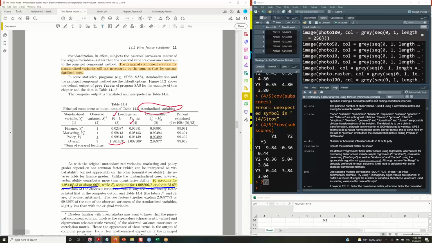You see this one, 1.98, 1.49, 1.463 over 3 is about 66%. While this one is 1.008, 306 divided by 3, and the total value is actually 3. So this is 33%. Together it is 99.659%.